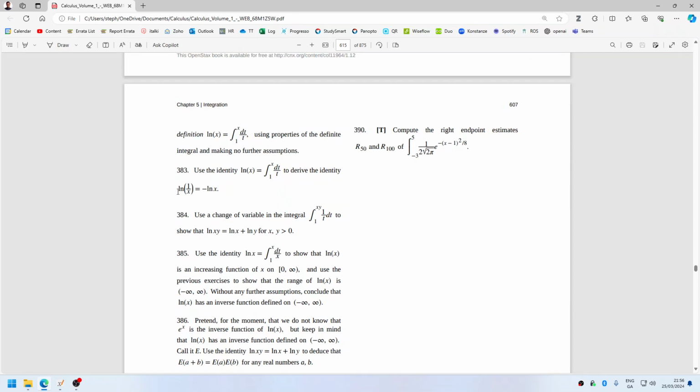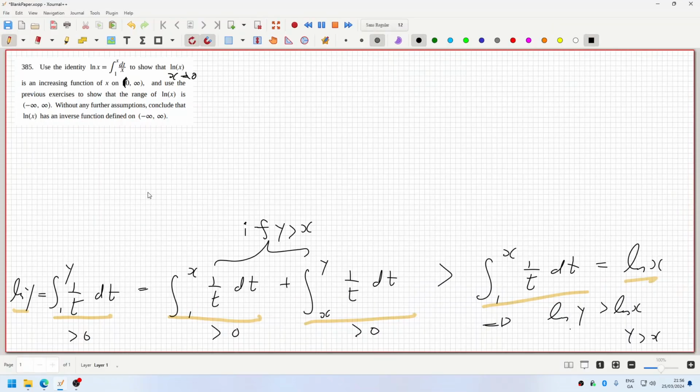Maybe this? Because you can say that if x is in (0, infinity), then 1 over x is in (0, infinity). And then log 1 over x equals minus log x.